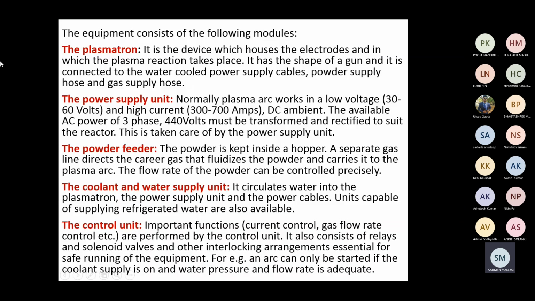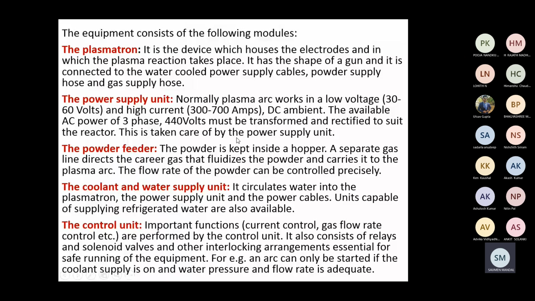Then the power supply unit. Normally a plasma arc works at low voltage, like 30 to 60 volts, and high current, 300 to 700 amps, so very high current. It requires DC, but the available AC power supply of 3-phase 440 volts must be transformed and rectified to suit the reactor.